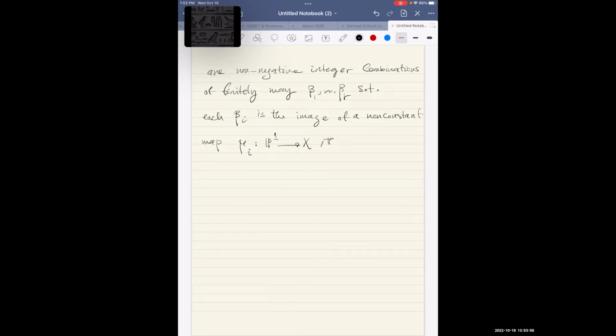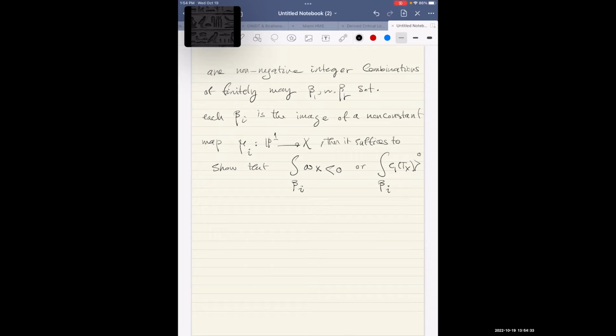Then it suffices to show that similar to before, this identity is satisfied for these beta i's, or equivalently, because I can swap it, I can say the first Chern class of the tangent bundle of the variety against beta I is bigger than zero.